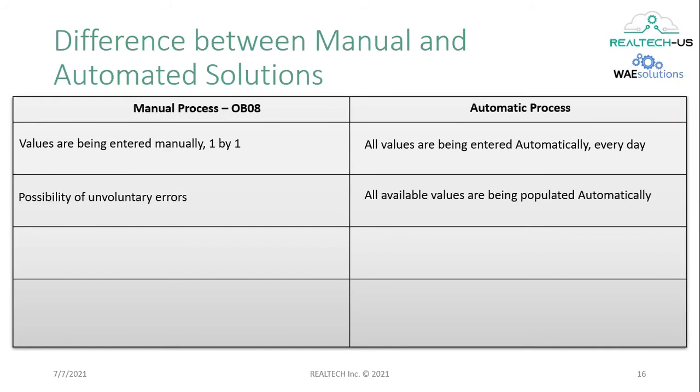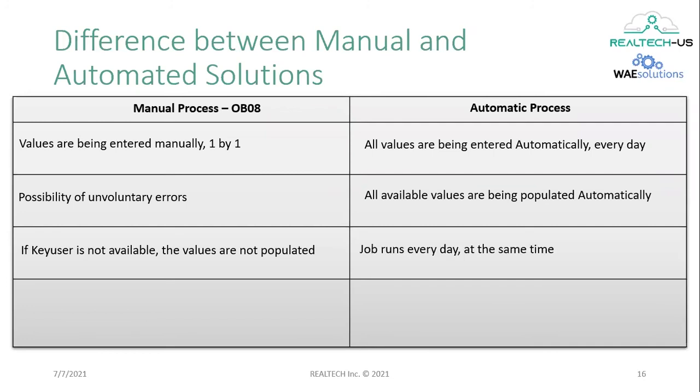With our solution, all the values that are populated are the same values that are on the website for this specific bank. With the manual process, if the user is on vacation, sick or arrives late, you know perfectly what occurs. With our solution, this transaction is executed every day at the same time, also on Saturdays, Sundays, and holidays.